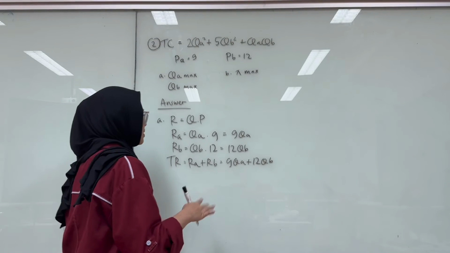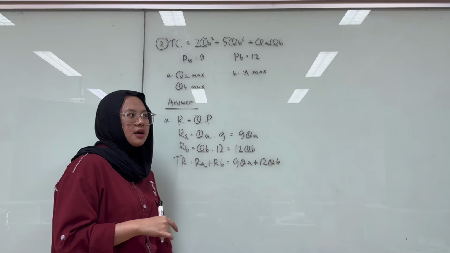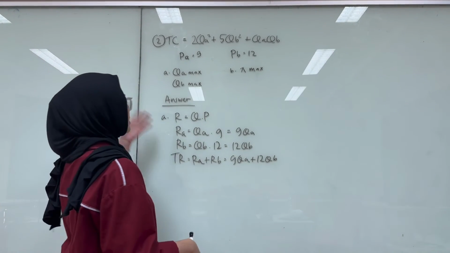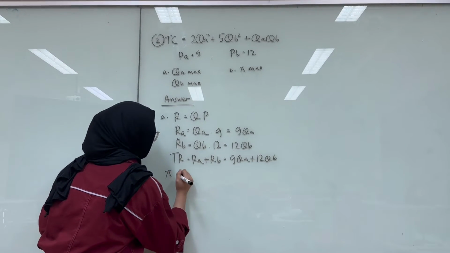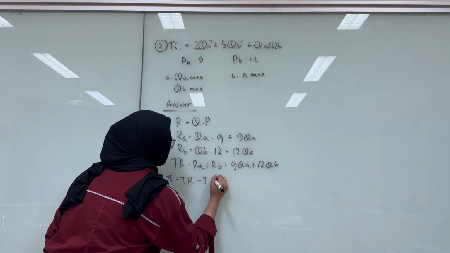And the third step, we have to find the function of fee. Fee is profit for this question, and the formula of fee is total revenue minus total cost.